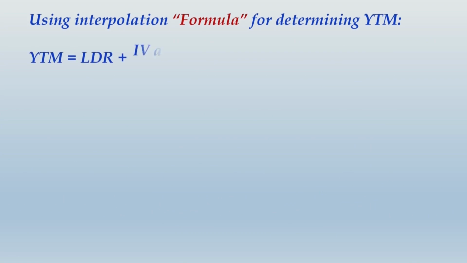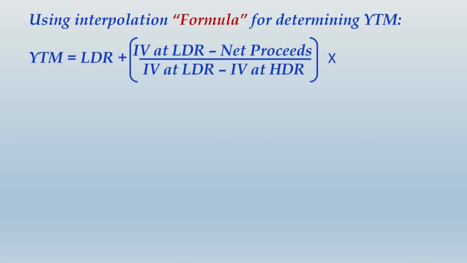Now interpolation formula I have already explained you earlier. It is just the same thing that we have learned in capital budgeting under the name of IRR. So here it is yield to maturity, which is equal to lower discounting rate, plus in the numerator within brackets what is written is intrinsic value at LDR minus net proceeds, and in the denominator it is intrinsic value at LDR minus intrinsic value at HDR multiplied by difference between HDR and LDR.